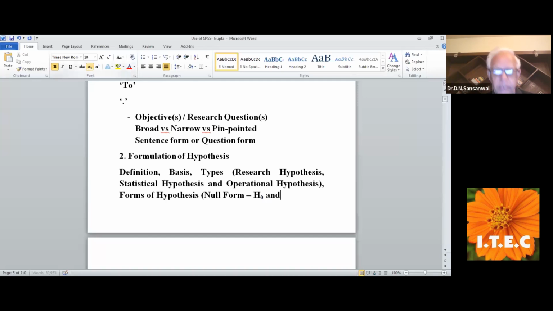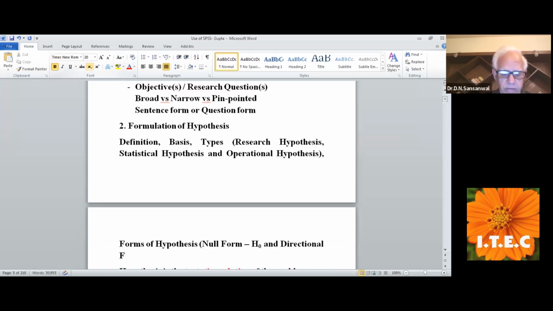And another is called directional form, or alternative form, and it is denoted by H1.